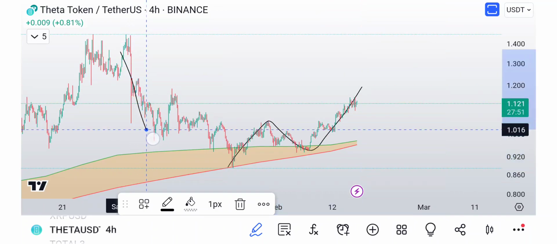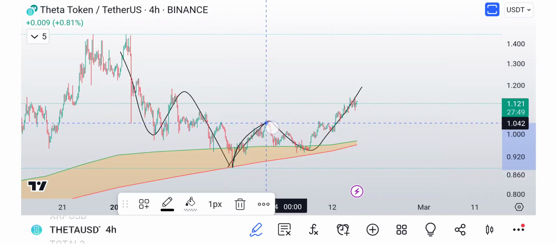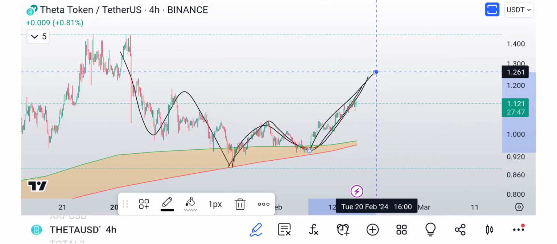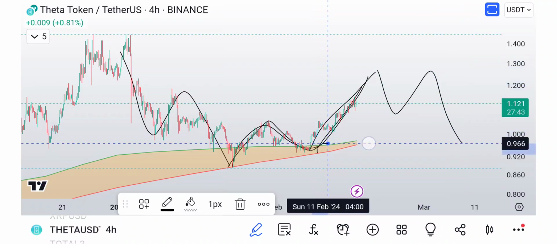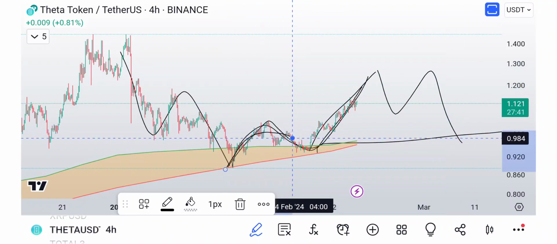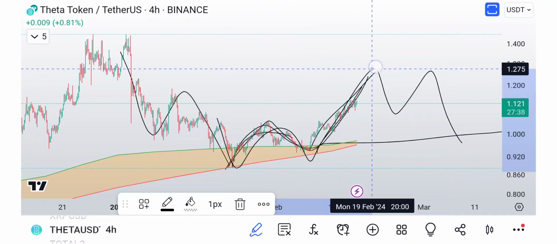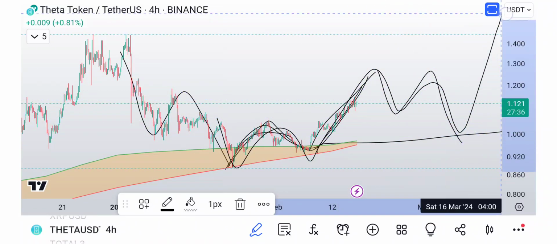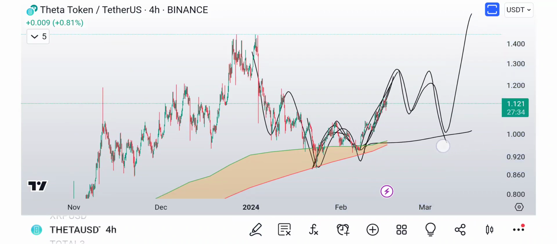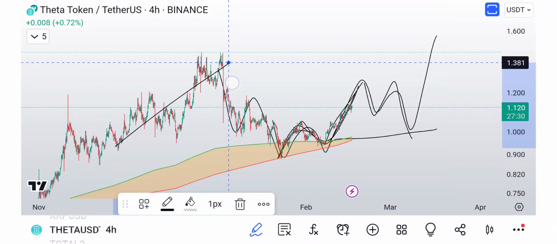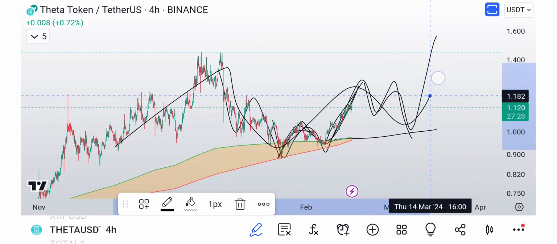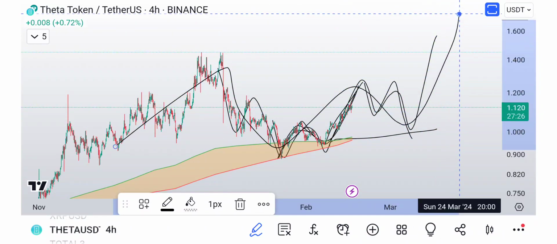So 1, 2, 3, 1, 2, 3, maybe 3's not done yet, and then we get another 1, 2, 3. Test it again, then go. And what do you know? That's rise, crash, retrace, reaccumulation, go.